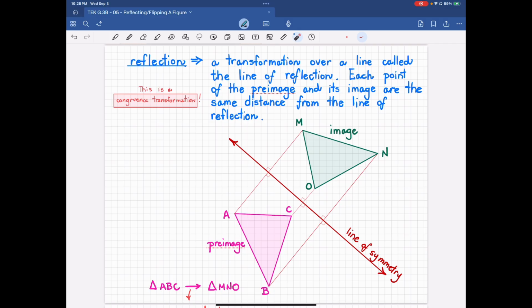Just remember that a reflection is a congruence transformation, which means the pre-image and the image are congruent. So these two triangles are congruent because they are reflections over this line, the line of symmetry, also known as the line of reflection.